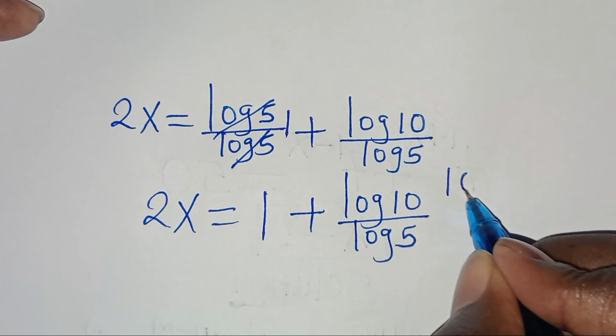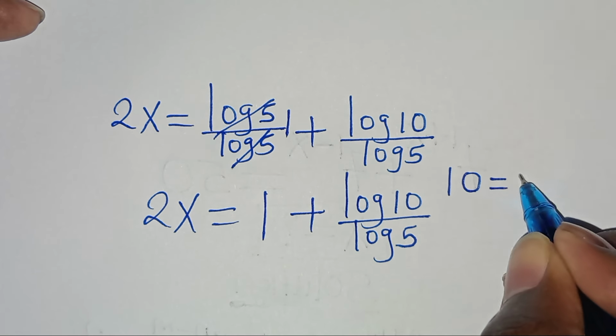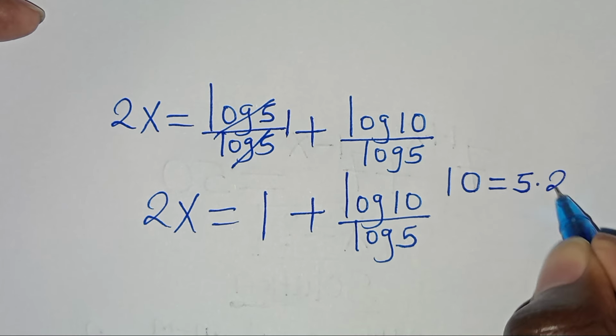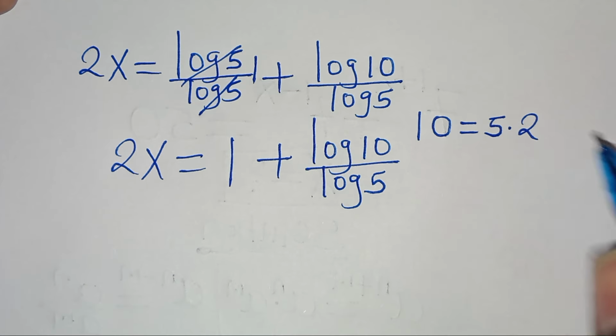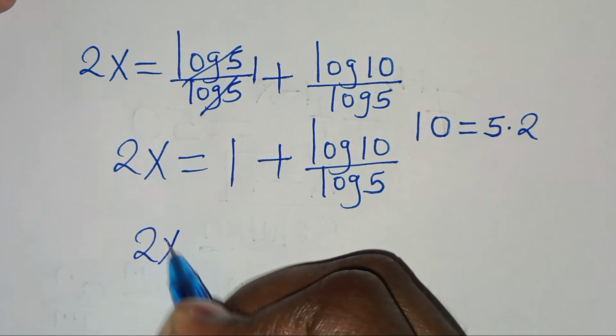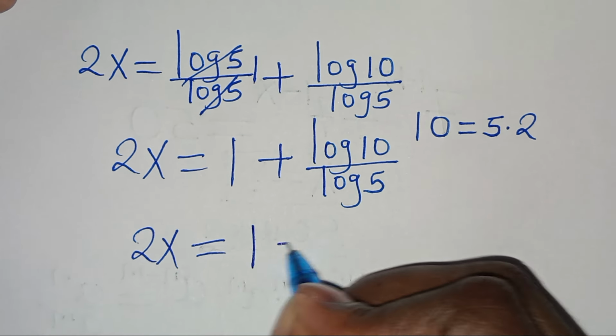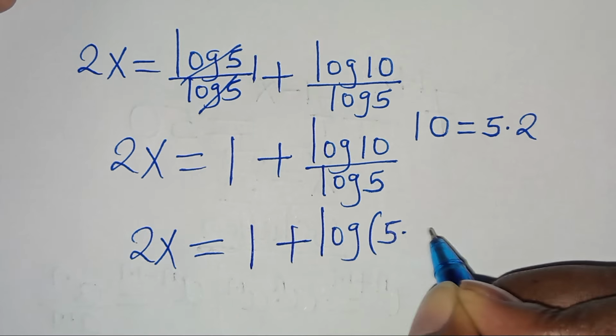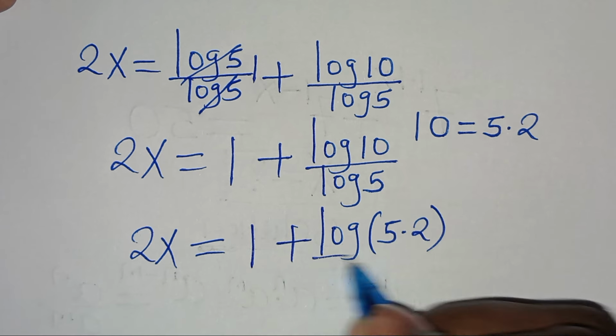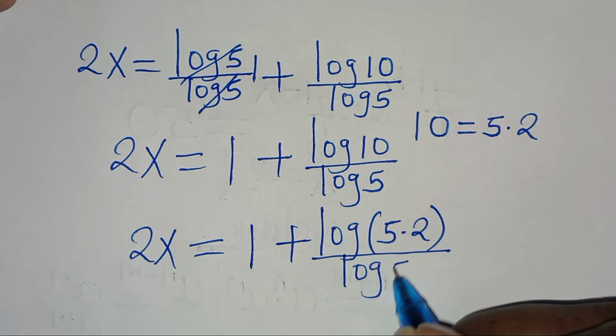We can express 10 as the same thing as 5 multiplied by 2. So let's substitute 5 times 2 here so that we have 2x equal to 1 plus log 5 multiplied by 2, everything here divided by log 5.